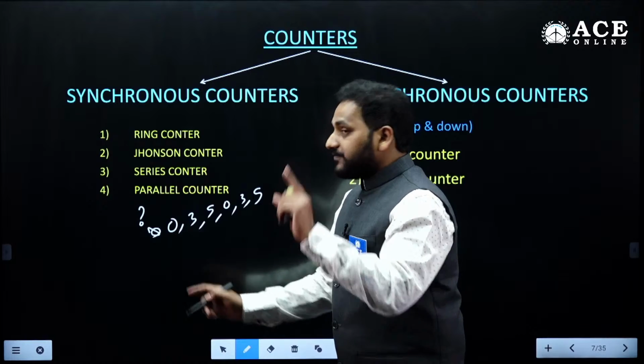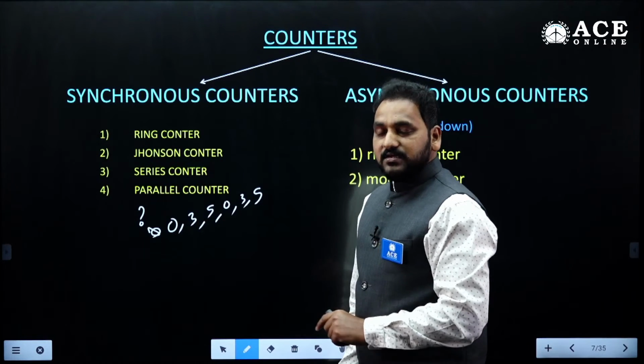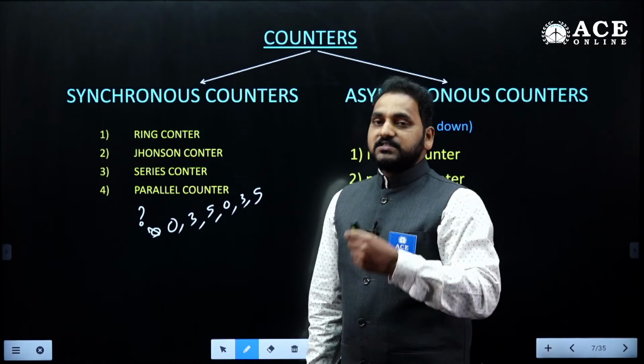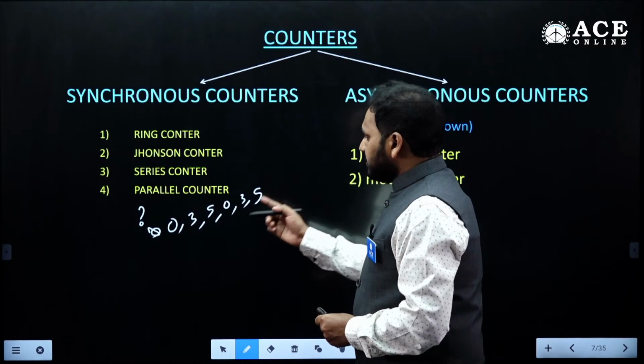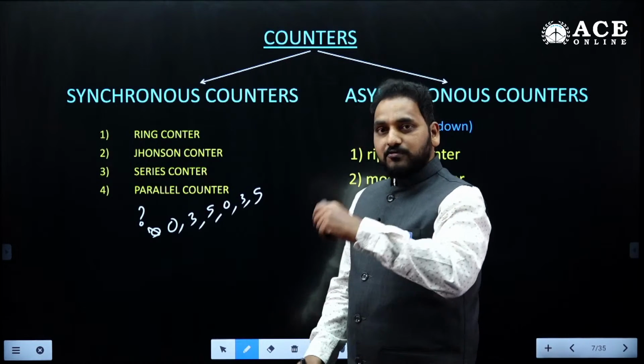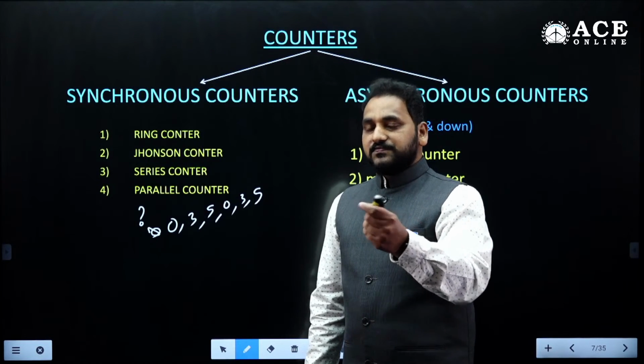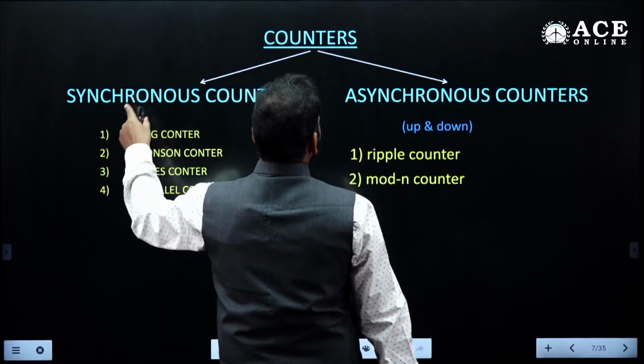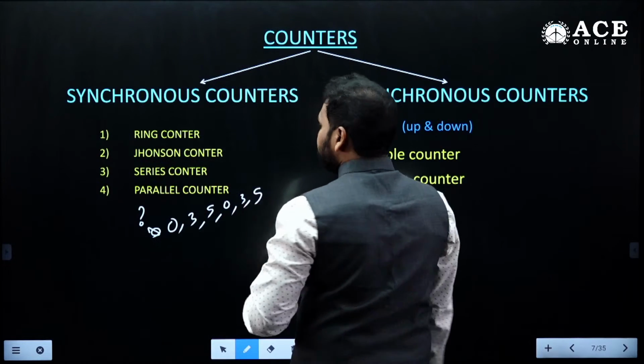Initially it should be 0. After 1 clock I am expecting 3. After the second clock I am expecting 5. Sir, is it possible? Yes, it is possible. We can design the sequence. Based on that, 2 questions are already given in GATE for 2 marks. But that is under the synchronous counters case.